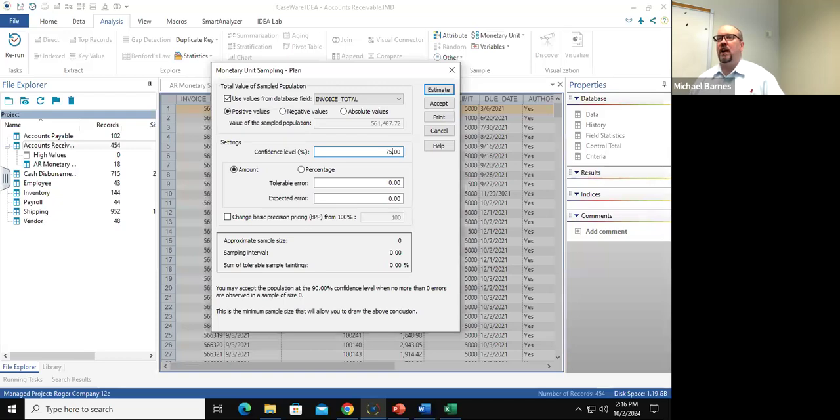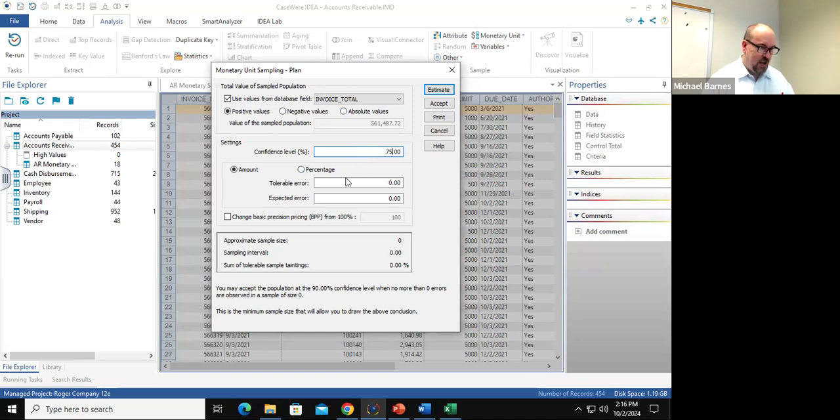It means that I have 75% confidence that my results are accurate. How confident would you be if you were a client working with an auditor and they said, I'm 75% confident? Not very. This is not a number that you would use in real sampling, by the way. I want to clarify this. If you see me use 75% and think, oh, we can go that low? No, you can't, okay? This is just for illustrative purposes.